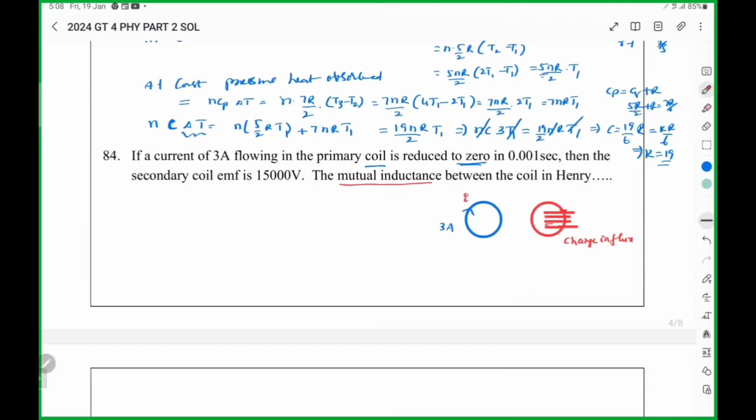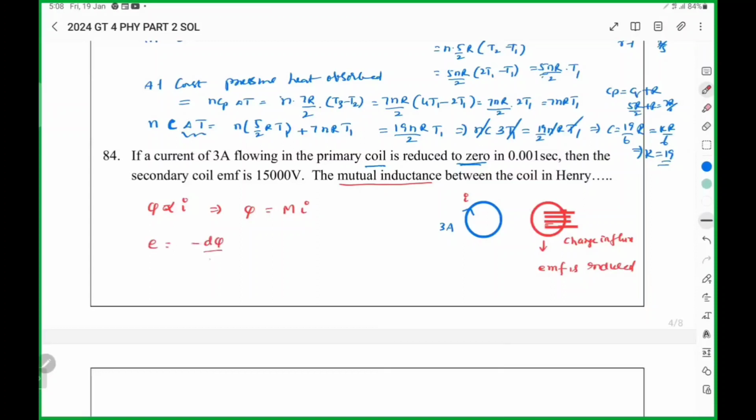Here, when current I flows, the flux is proportional to the current which flows through it. That phi here is MI. So once there is a change in flux, EMF is induced.